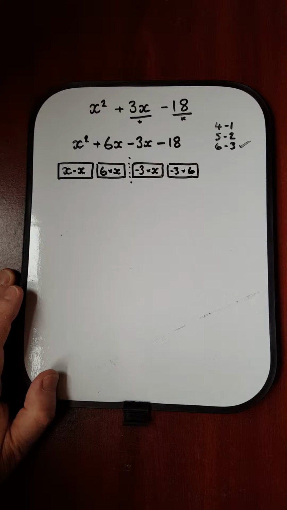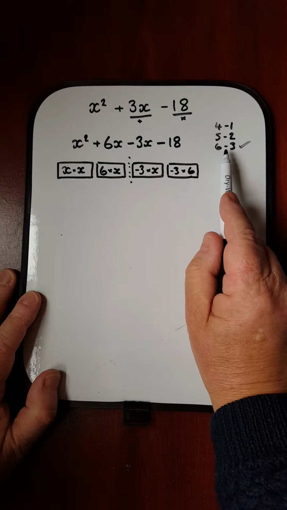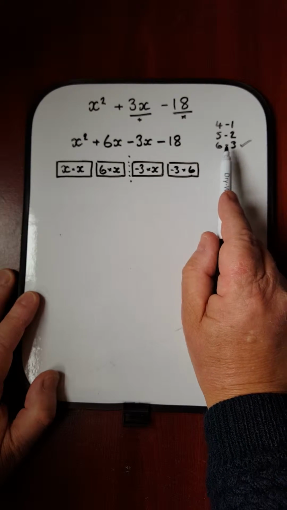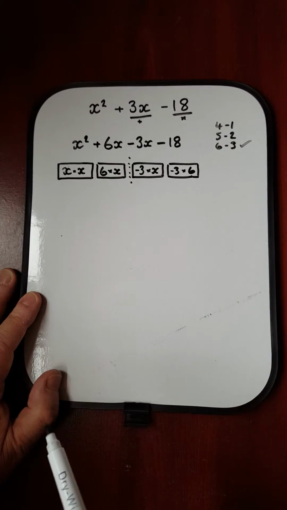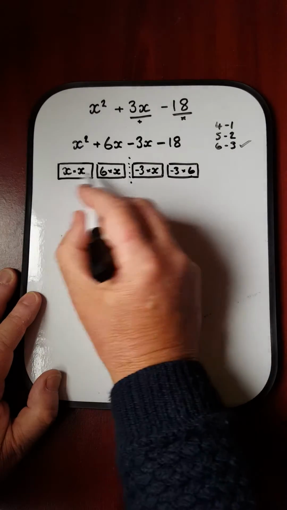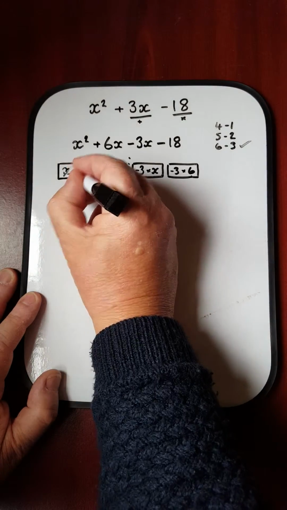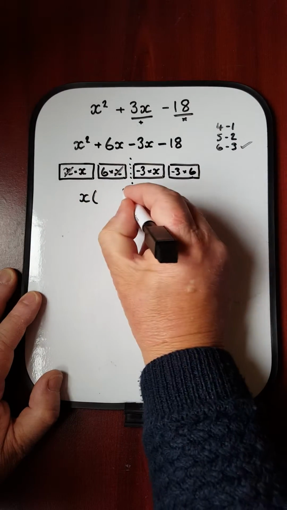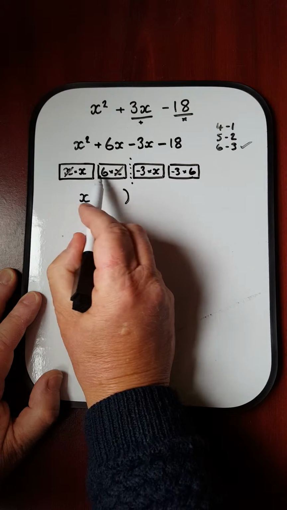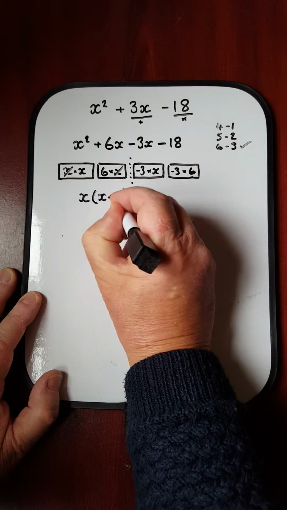Now remember, it could be minus 6 times 3, but we wrote it in there with a minus sign in front of the 3. Once we've established that, keep it. Don't start switching it around, because that'll mess up your system. Okay, so in the first half, we've got an x and an x, so that goes outside the bracket, and remaining inside the bracket, we've got an x and a 6. x plus 6.